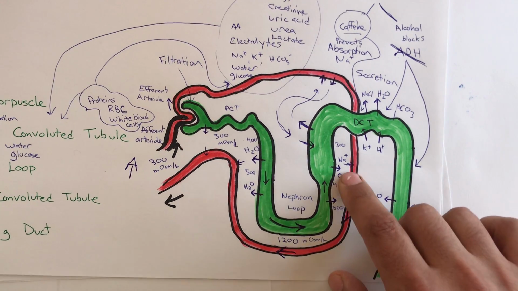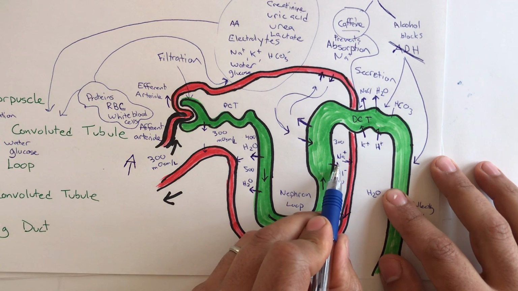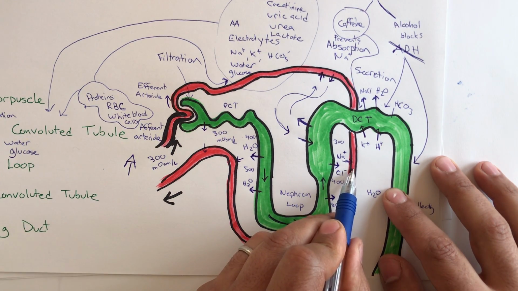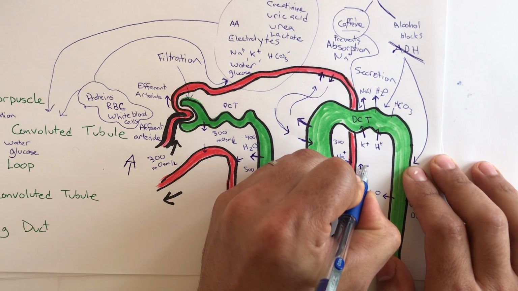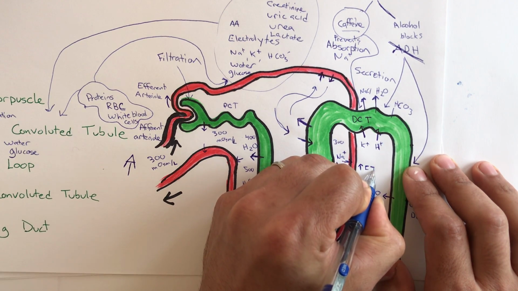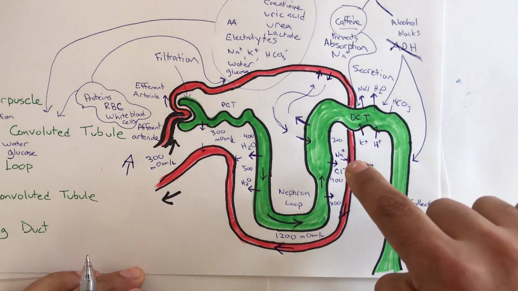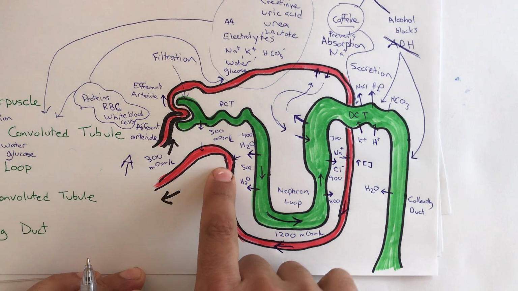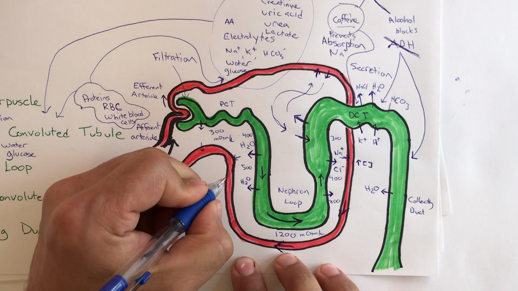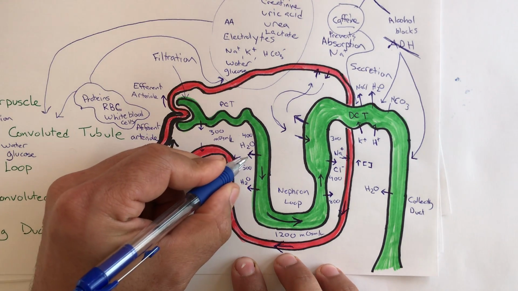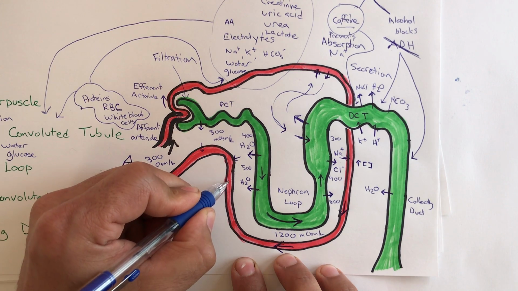So at this point right here, we have sodium and chloride being absorbed and entering. What do you think is going to happen to the concentration of our blood? It's going to be very, very high. There's a ton of sodium and chloride. There's a ton of salt. And because there's a ton of salt right at this point, by the time we get over here, that's why we have a very high amount of water reabsorption, because we have a very high concentration of salt inside the blood.